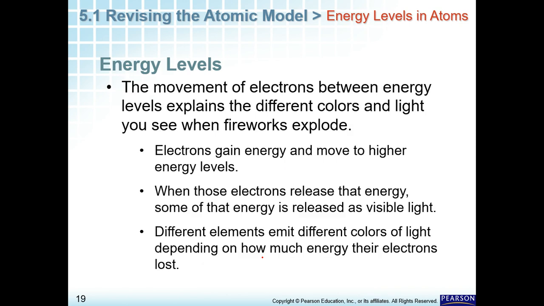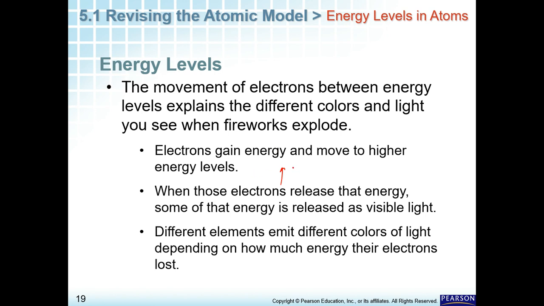This movement of electrons between energy levels actually explains the different colors we see in light when, for example, fireworks explode or a scroll of iron is heated. What happens is, again, energy is gained, so the electrons gain that energy and they move to higher levels. They can't stay at those higher levels forever, just like you can't have your coffee high forever.